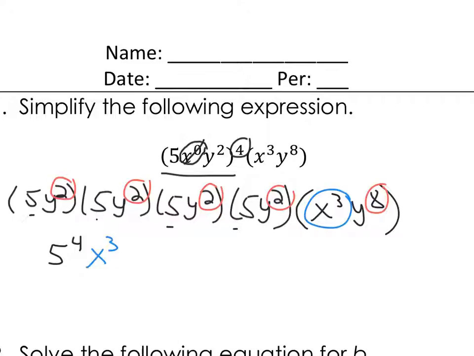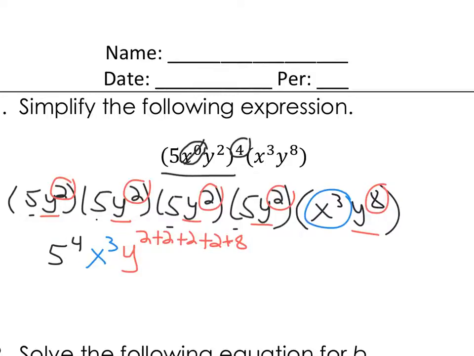If you add all these together, you're going to have y to the 2 plus 2 plus 2 plus 1 more 2, and then plus 8 at the end. This saves you some room on paper, so you don't have to write it all in expanded form. But if you were to write it in expanded form, you just write out 2 y's multiplied together four times, and then 8 y's, and if you count them all up, you are going to have the same answer.